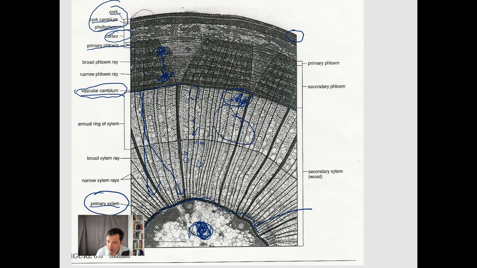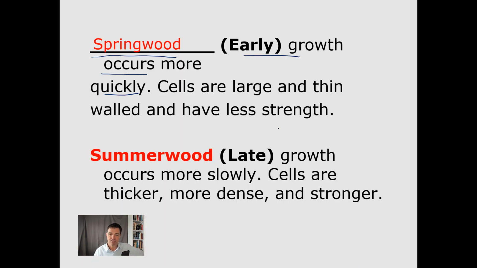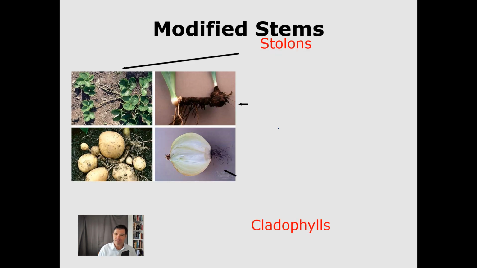And by comparing how many small ones you have versus how many big cells you have, you can get a sense in one year how much water that tree got. And it differs by different trees, but that's sort of the nut of it there.